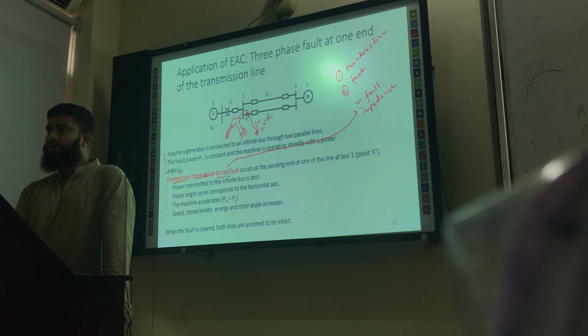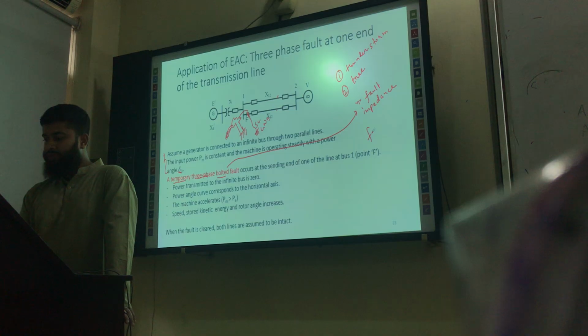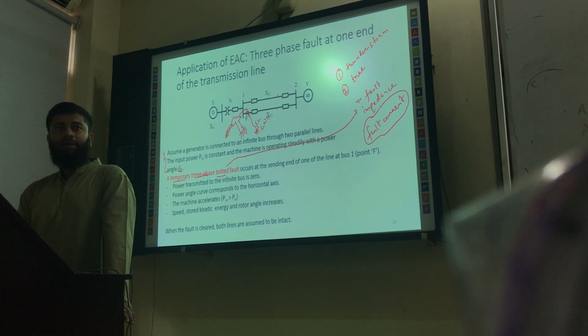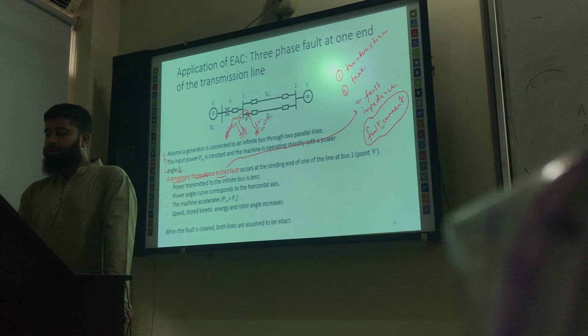What is the significance of this voltage fault? In this case, will the fault current be maximum or minimum? This fault current will be maximum. With this zero fault impedance, we will get the maximum amount of fault current possible.